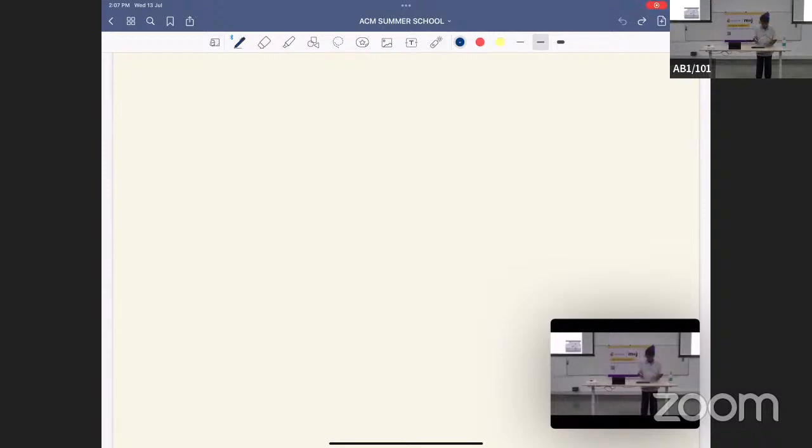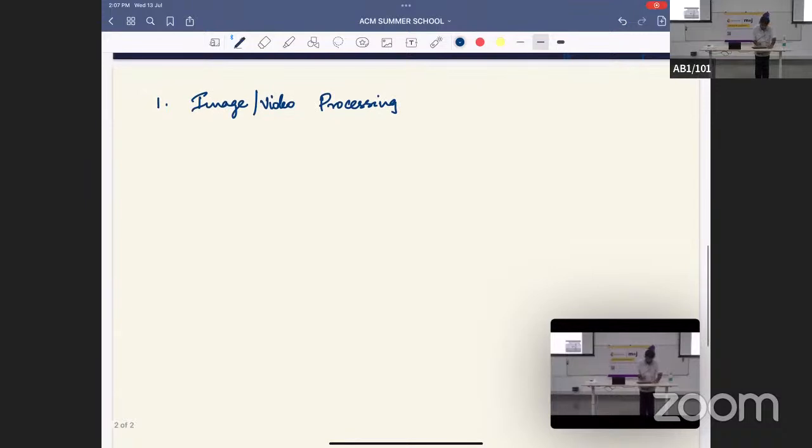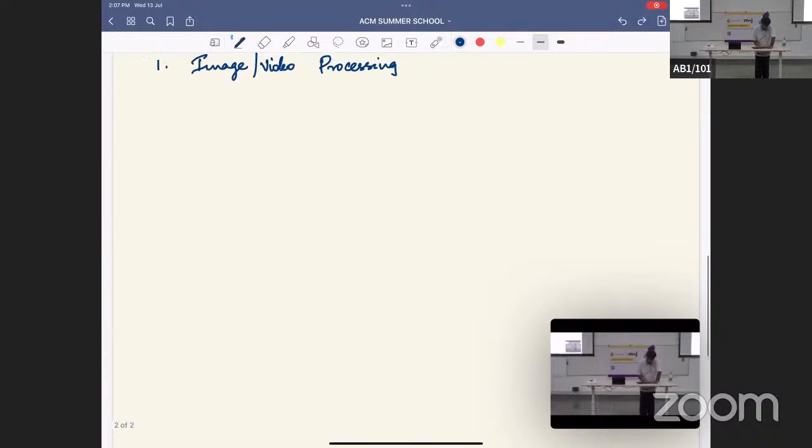Let me first ask a very basic question. Let's try to understand, there are 3 related terms. There is something called image or video processing. The second term is something called computer graphics.